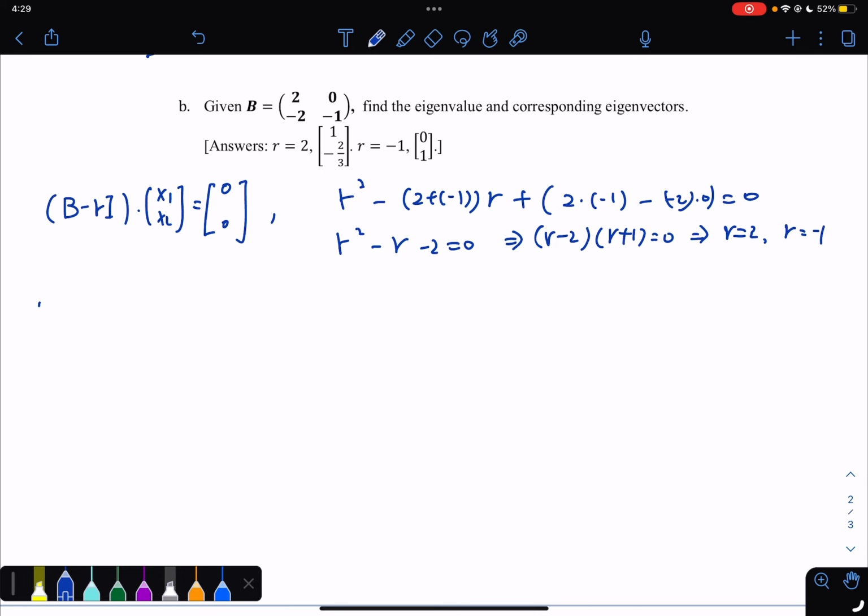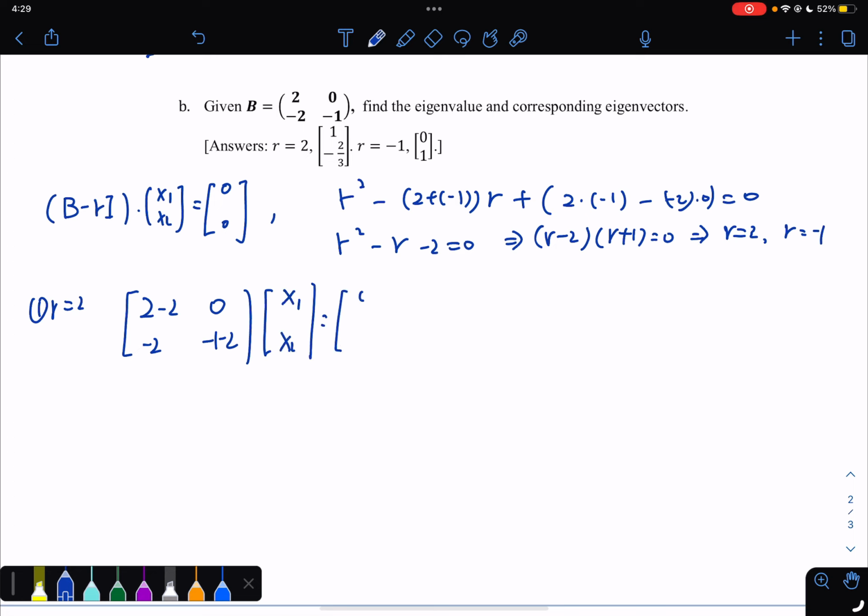If r is 2, you subtract it from the diagonal entries, and then you have x1, x2 equal to 0, 0. What you end up with is slightly interesting. You end up with 0, 0, -1, -3, which multiplies x1, x2, and it's 0, 0.